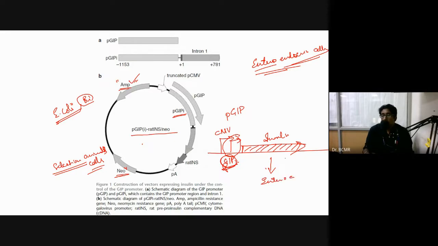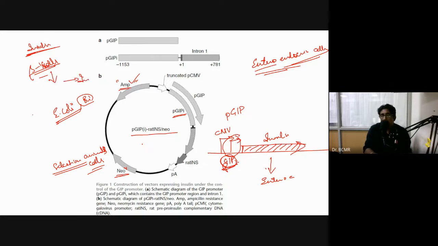As you may understand, the insulin gene is present in all the cells, right? In all the cells it is present, but only beta cells will produce insulin, which means insulin is expressed only in the beta cells, and then the machinery will process it and produce insulin.